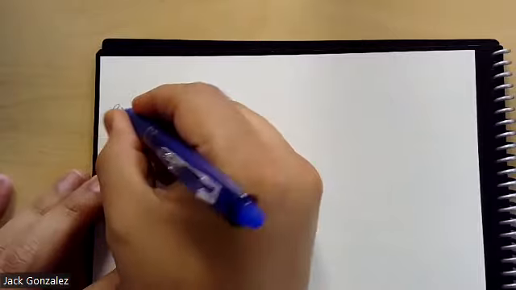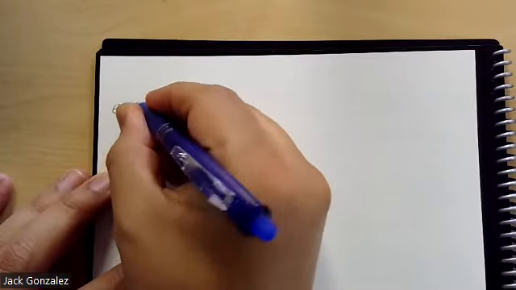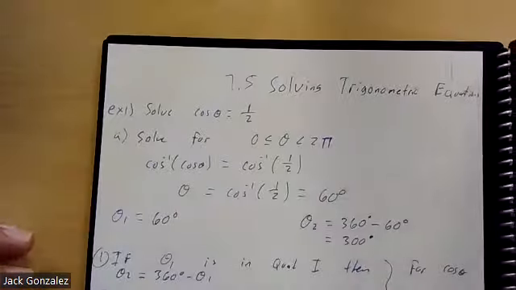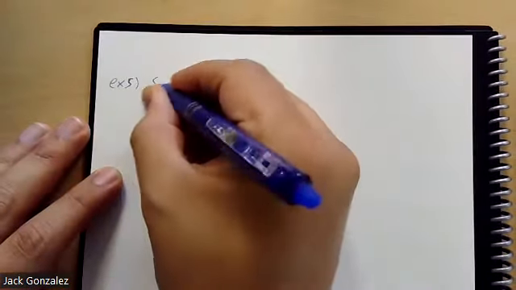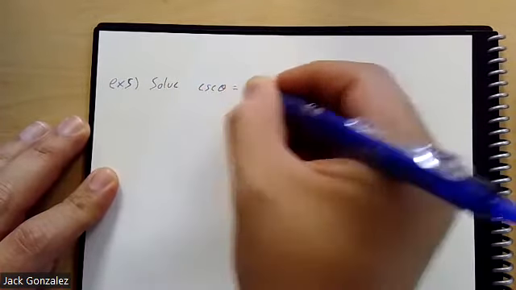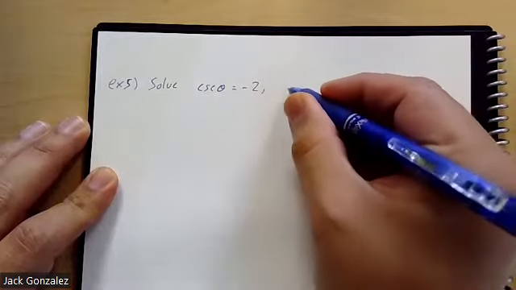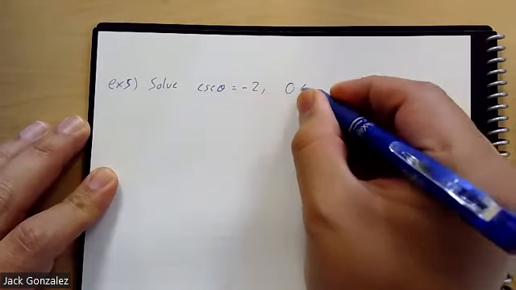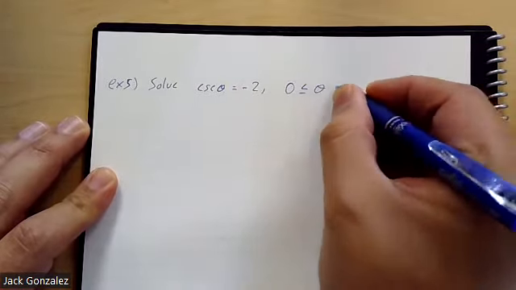You guys cool on this page? You find it? Yes. All right, let's do, this one's kind of weird. We're on 5. Solve cosecant of theta equal to -2, where theta is between 0 and 4 pi.